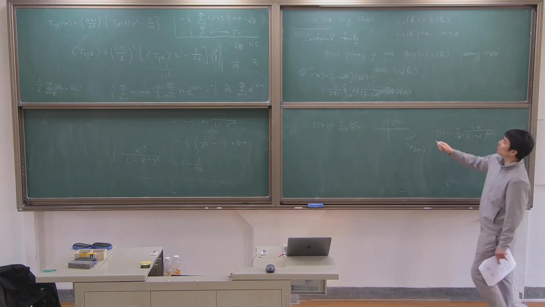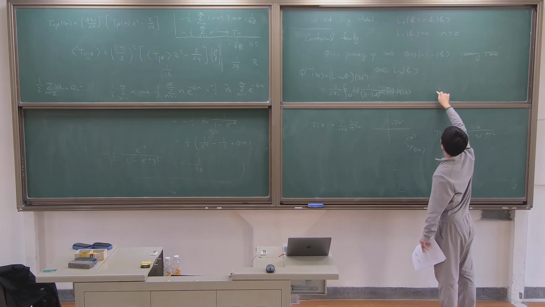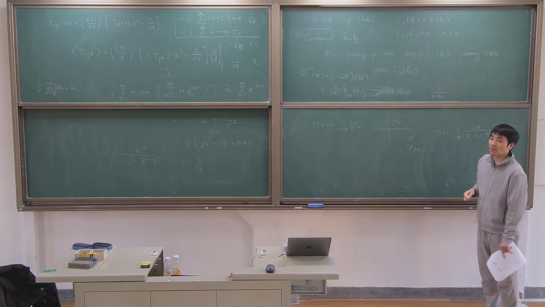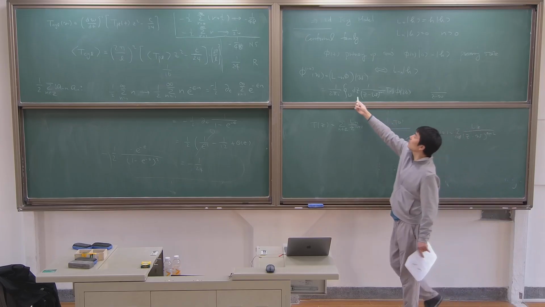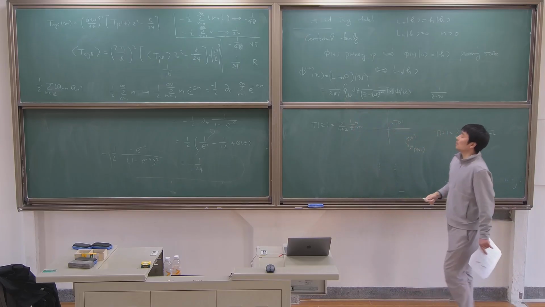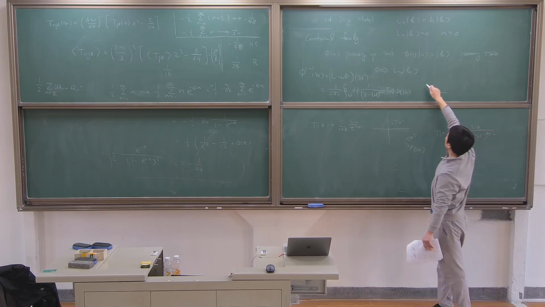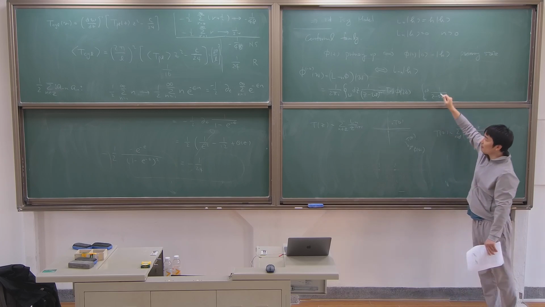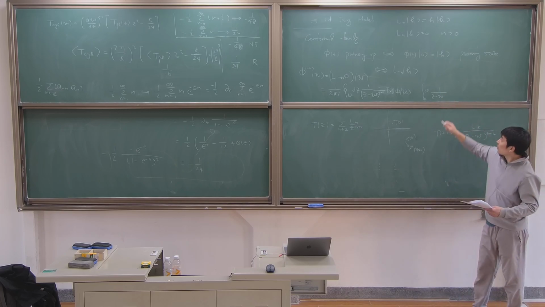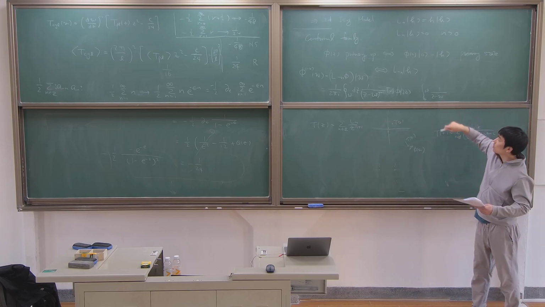What we want is to pick out one power of z minus w. If you do the contour integral around w, it will pick up the first order pole.